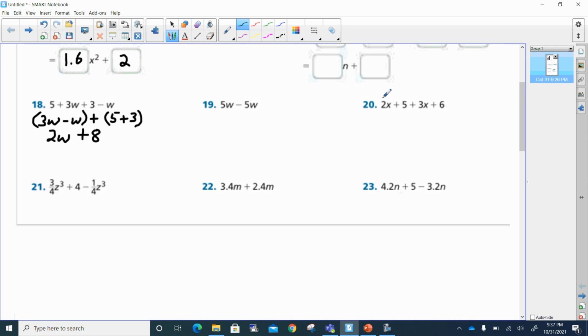Next is number 20. I'm going to put my x's together first. So my 2x and my 3x will go together.